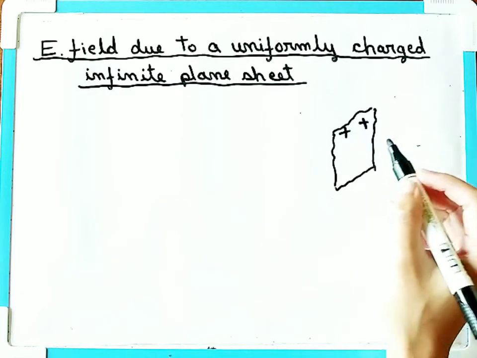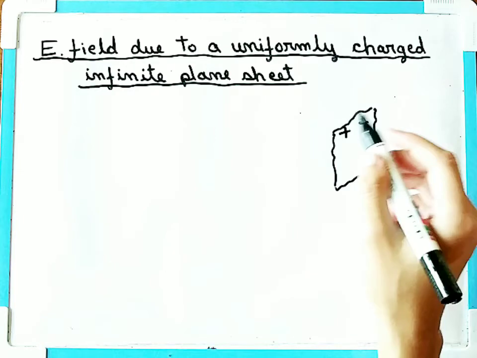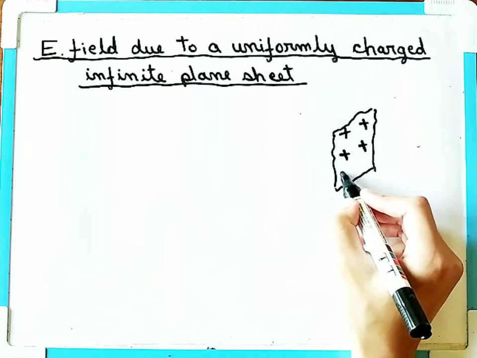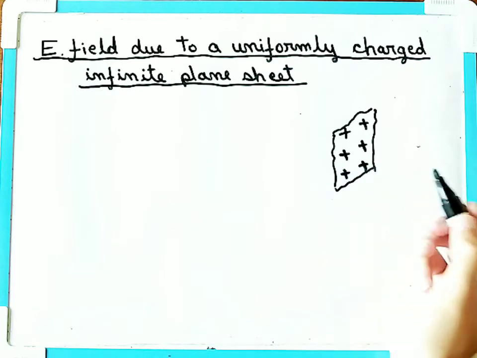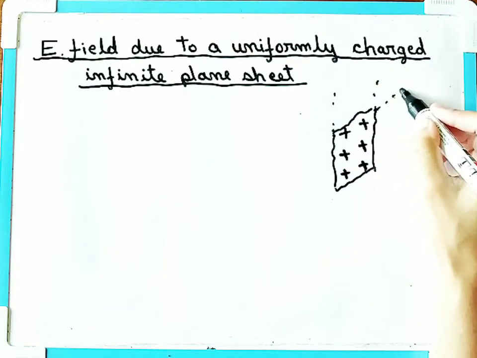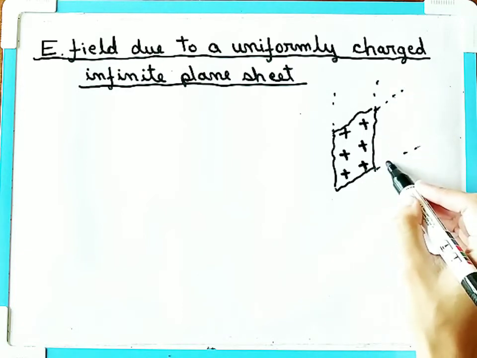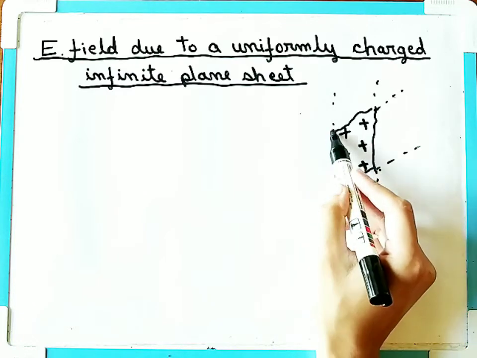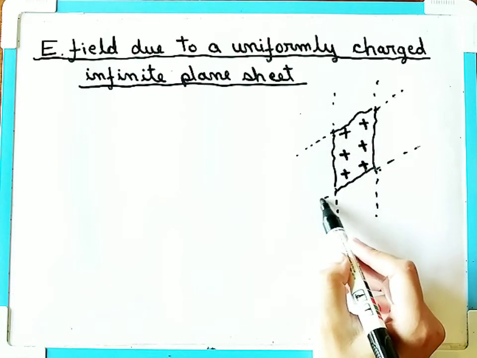This plane sheet has a charge which is uniformly distributed on its surface, and this side extends till infinity, this side also extends till infinity, this side also extends till infinity, and this side also extends till infinity.